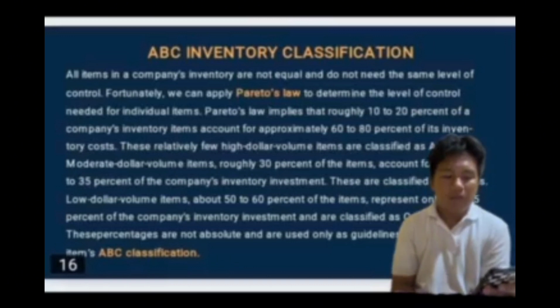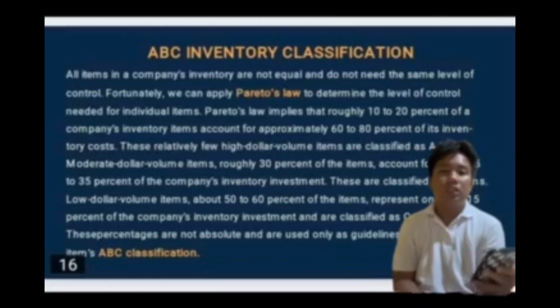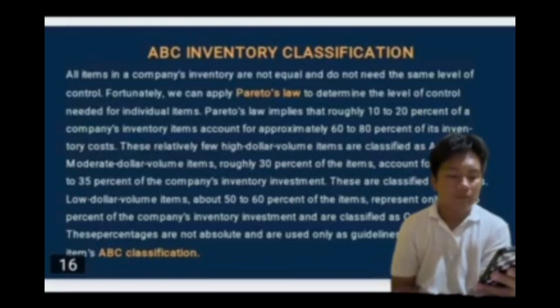Pareto's law implies that roughly 10 to 20% of a company's inventory items account for approximately 60 to 80% of its inventory cost.